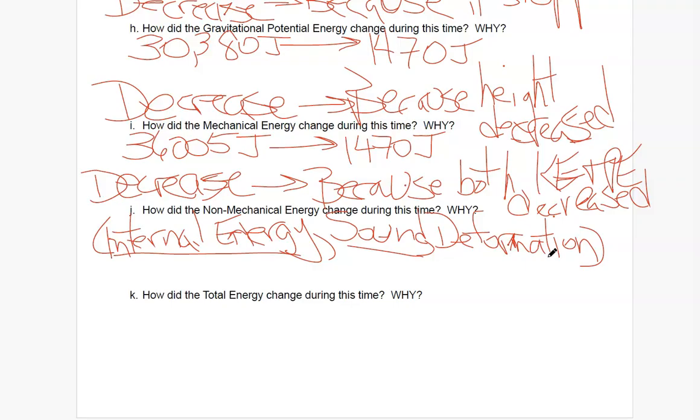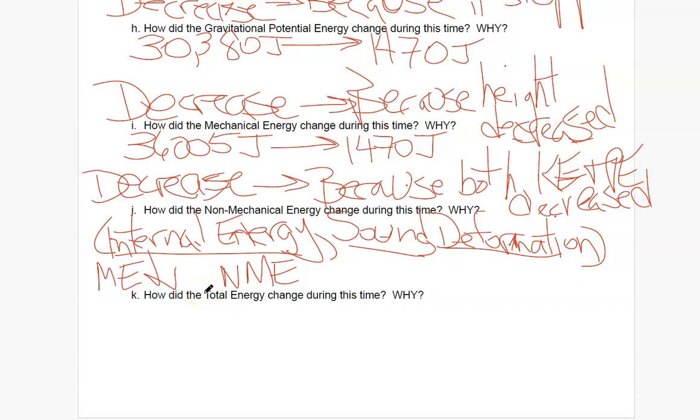And then the rock itself might break, or the ground below it might break or be deformed. That's deformation energy. Well, if the mechanical energy went down, then the non-mechanical energy must have increased. The energy had to go somewhere. It went to the various forms of non-mechanical energy.